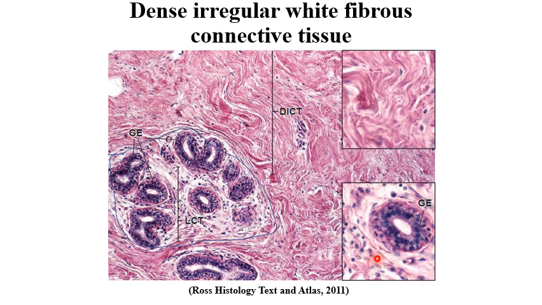On the contrary, the dense irregular white fibrous connective tissue contains bundles of collagen fibers running in different directions with few connective tissue cells in between the bundles.